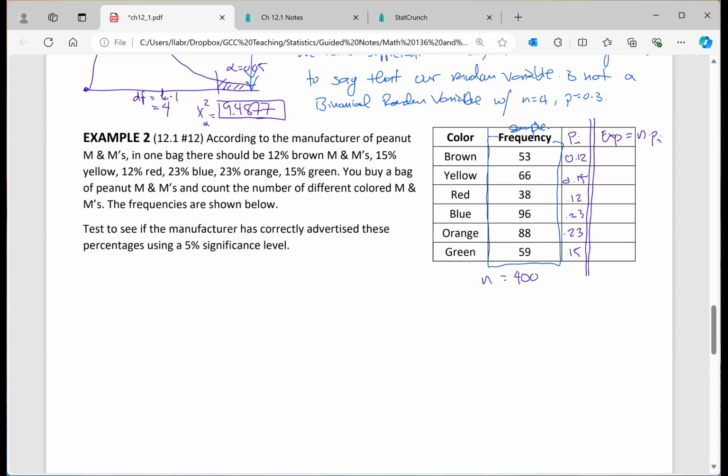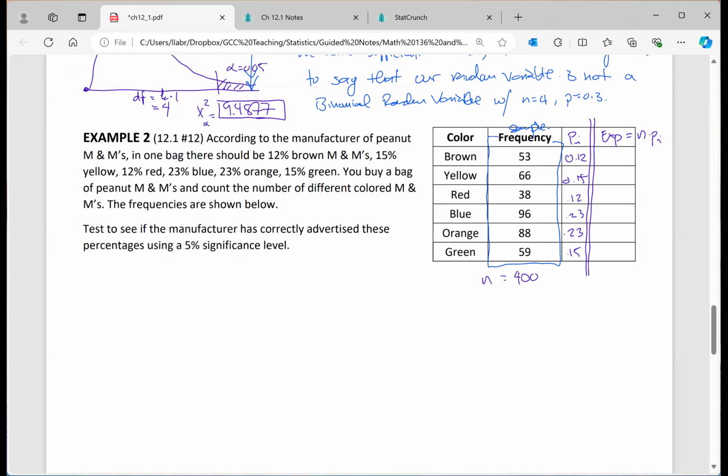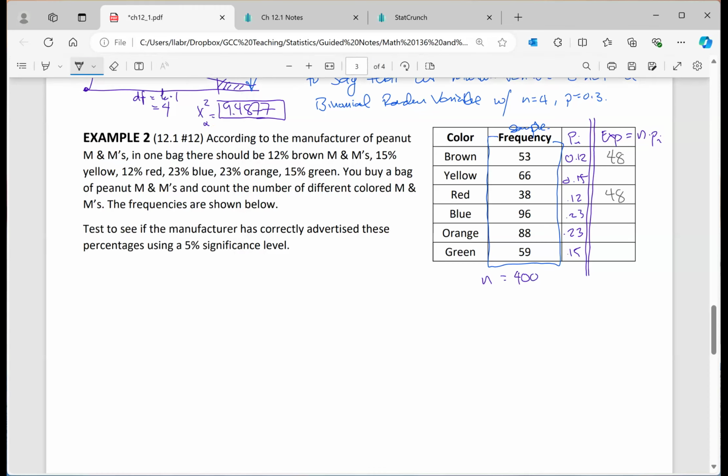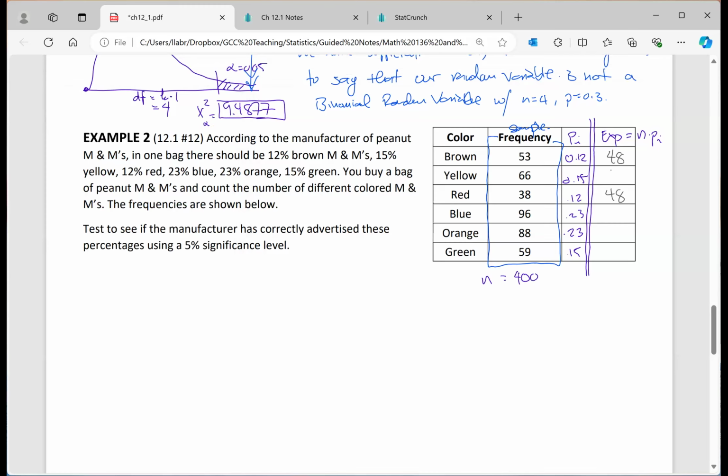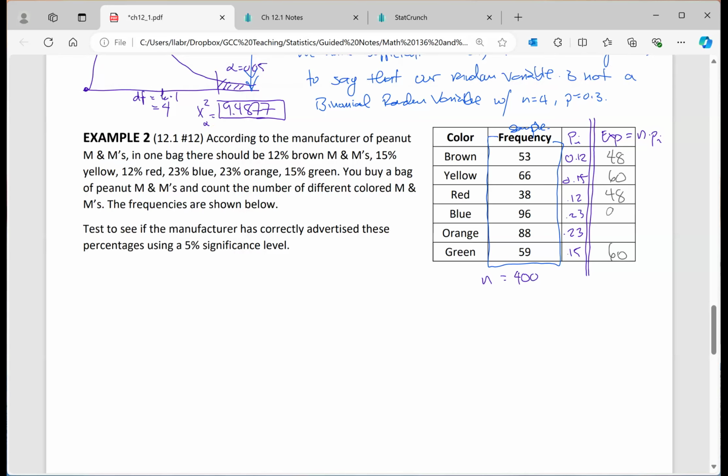All right, so if you take n times p_i, you'll get the expected count. I've already done it, so you can go ahead and try this. For 0.12, that's 400 times 0.12, you'll get 48. And 400 times 0.15, you'll get 60. And 400 times 0.23 is 92.